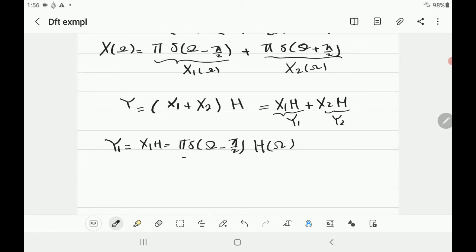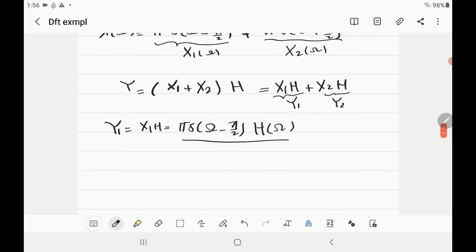Now I'm going to use the property of impulse. When you multiply delta, we have this before in time, remember this one, the second one too? Delta t minus alpha, if you multiply by any function of time, it is equal to the same delta t minus alpha, but in f of t, you substitute t by the value of alpha, f of alpha.